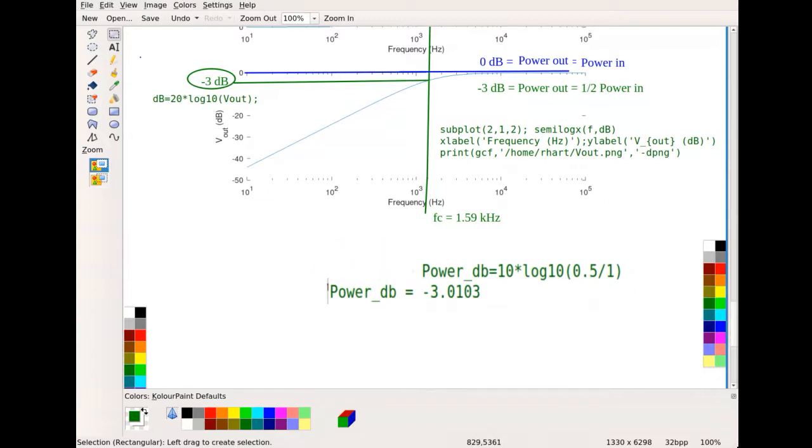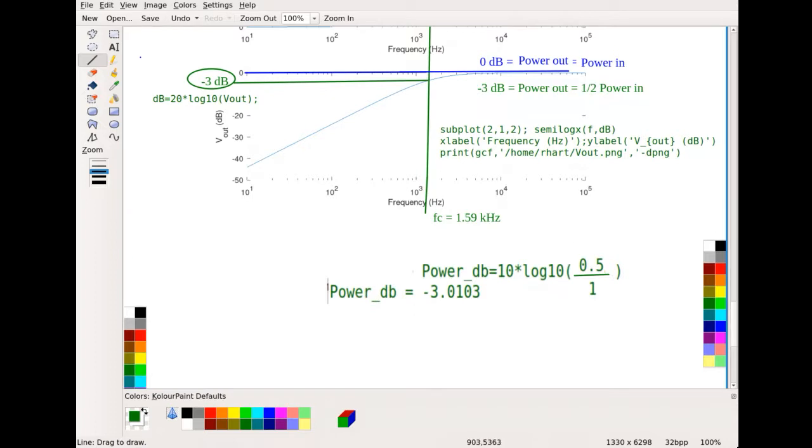when you calculate your dB equation, if your power out is 1/2 of your power in, right?